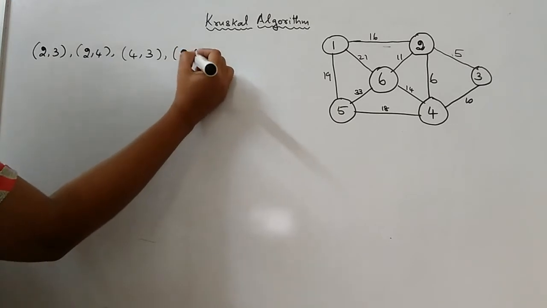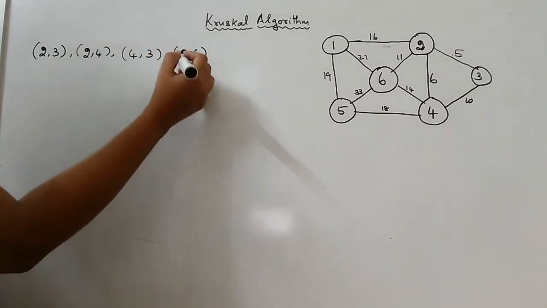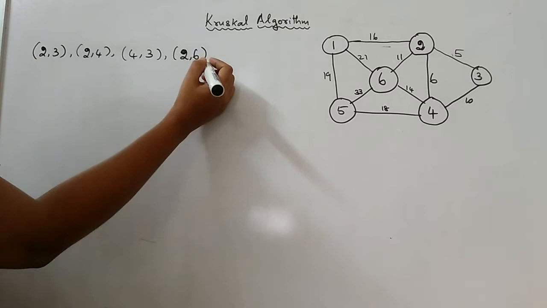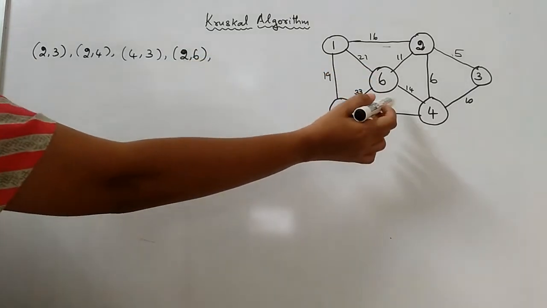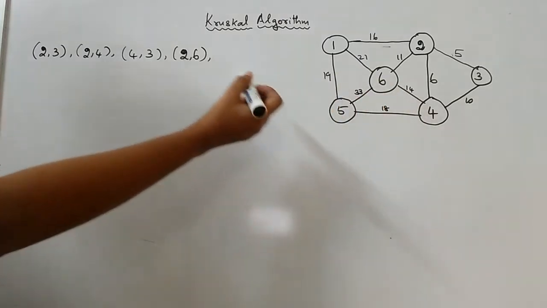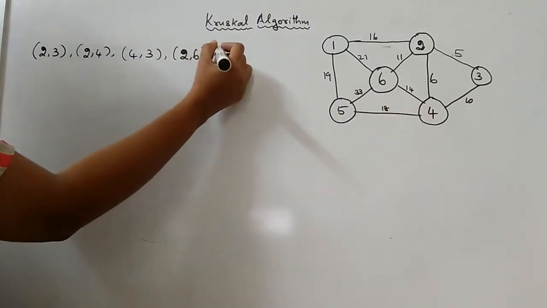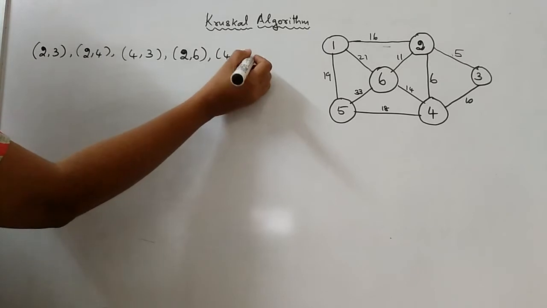For my convenience, I am writing it in ascending order. So here 2 comma 6, and next to 11 I have 14. So I am going to write 4 comma 6 here.